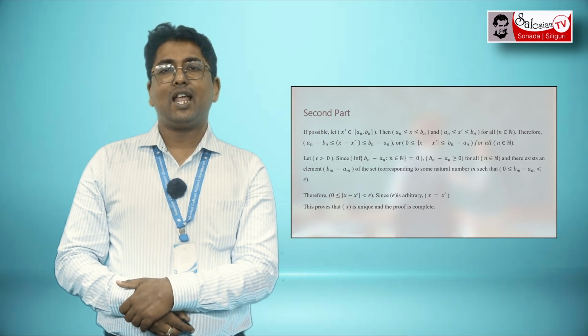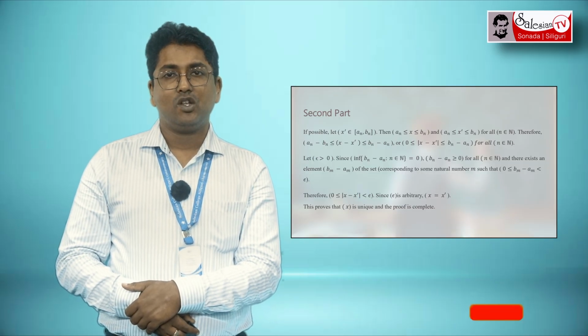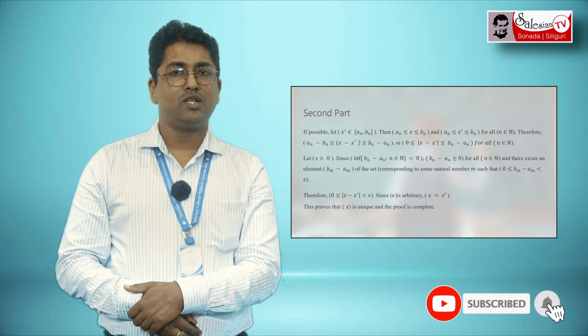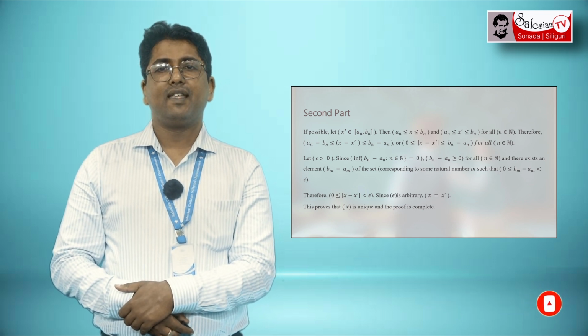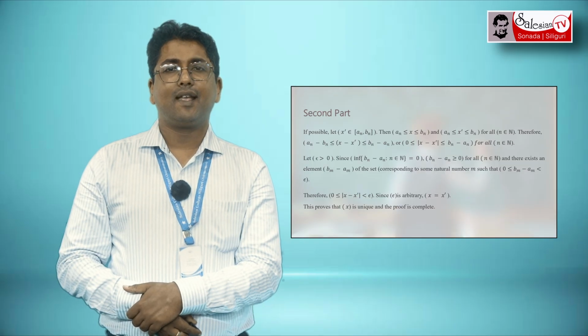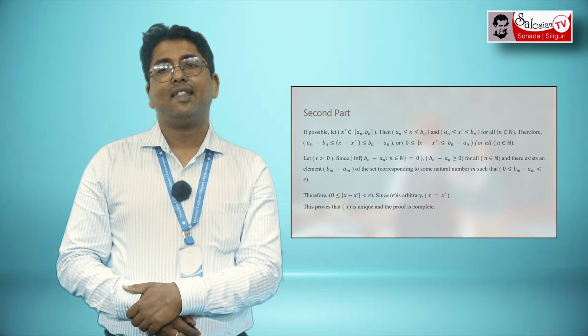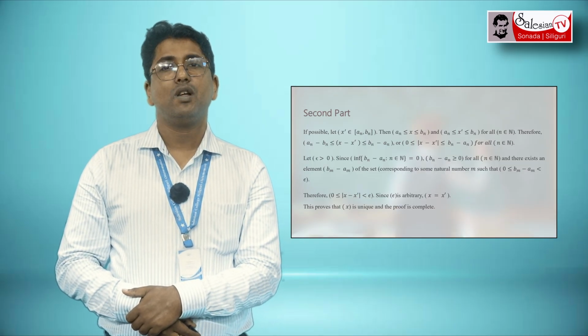Now since epsilon greater than 0 is arbitrary, however small we choose it to be, we can finally conclude that x minus x' equals 0, meaning x equals x', and this completes the nested interval theorem proof. So this finishes the main theorem, the nested interval theorem proof.